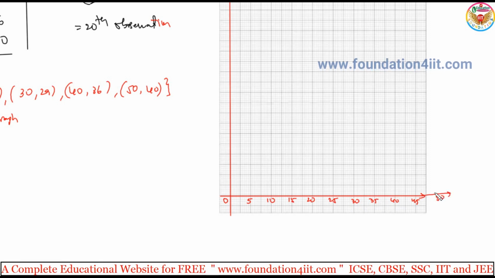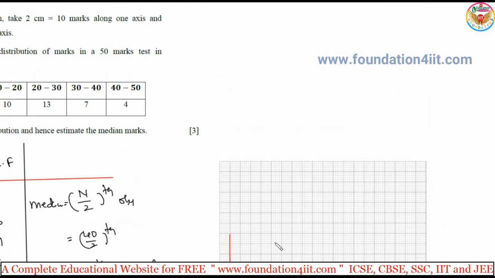Just extend this. And the same way on the other axis: 5, 10, 15, because they mentioned 1 centimeter as per the question. 2 centimeters for 10 marks means 1 centimeter for 5 marks.